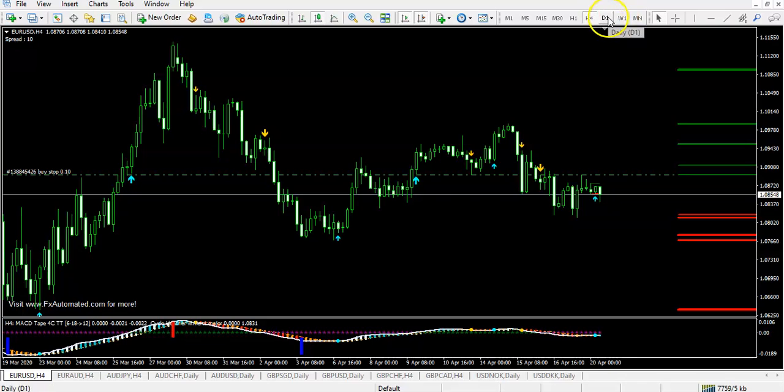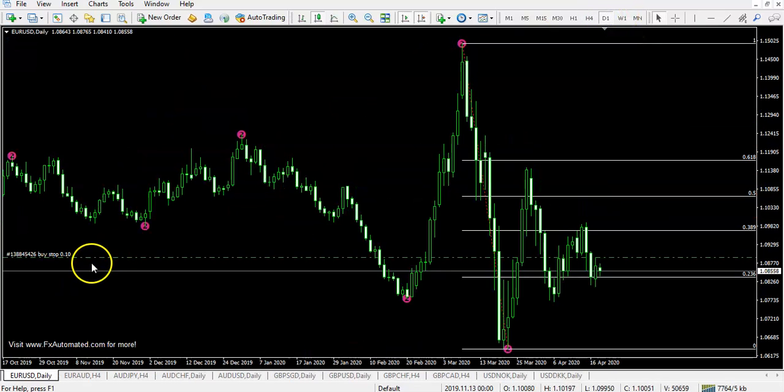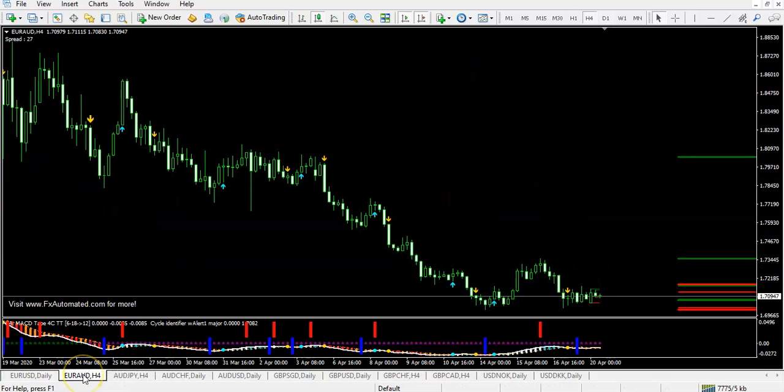With that said, let's run through what we're going to look at for this week. I'm placing buy stops or sell stops if I see a setup. You can see that this one is kind of giving us a signal.